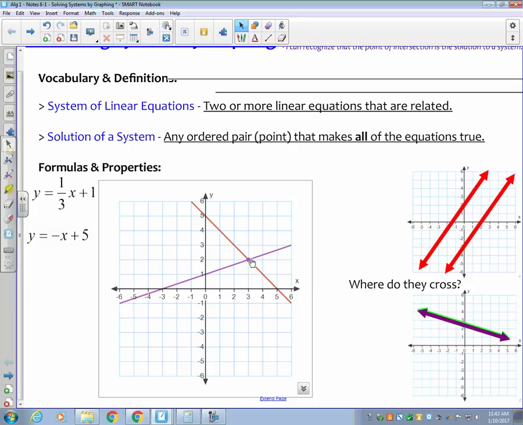So where it crosses at one point, like right here, it crosses at 3, 2. So go ahead and on your paper write 3, 2, because that's where these two lines cross. The answer for this system is x equals 3 and y equals 2.